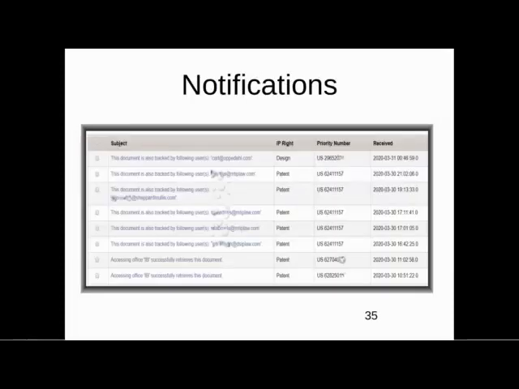Also, in your DAS workbench, you have a page called notifications, and this allows you to see tripwire events that happened.